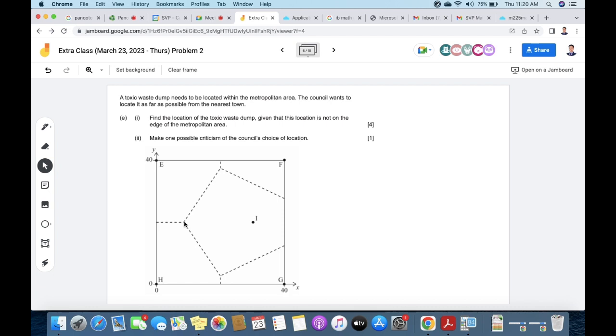Okay? So we have this point, and this point. So we have three choices, but we need to make sure that we choose a location that is farther from the nearest town.